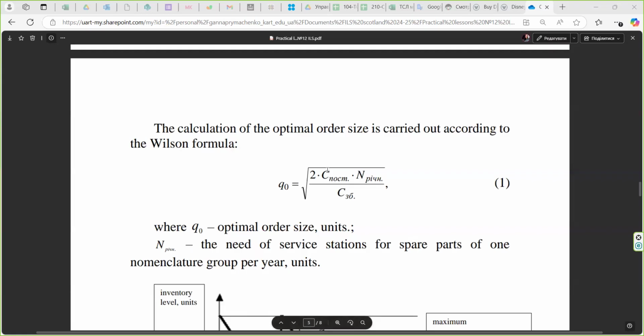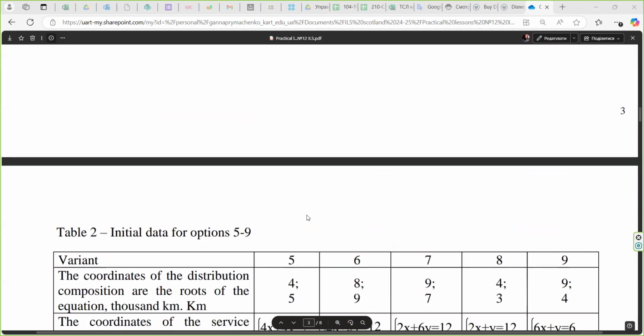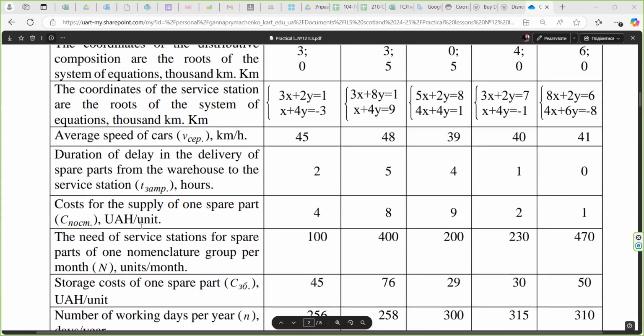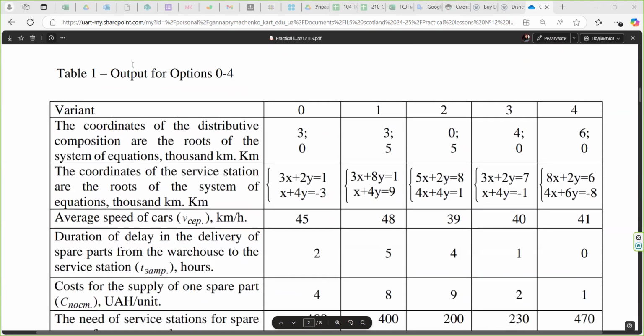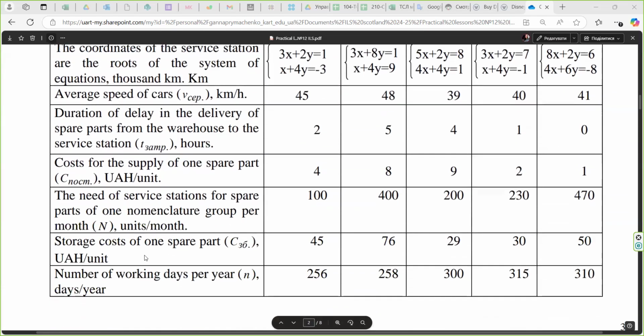Now we find the second parameter, saved with a special index, and find it in our table. For your variant, it is the fourth parameter from the end, maybe useful for using here. It is table number 1, and the last column is for the variant. The fourth parameter from the end is 1 hryvnia by 1 unit.